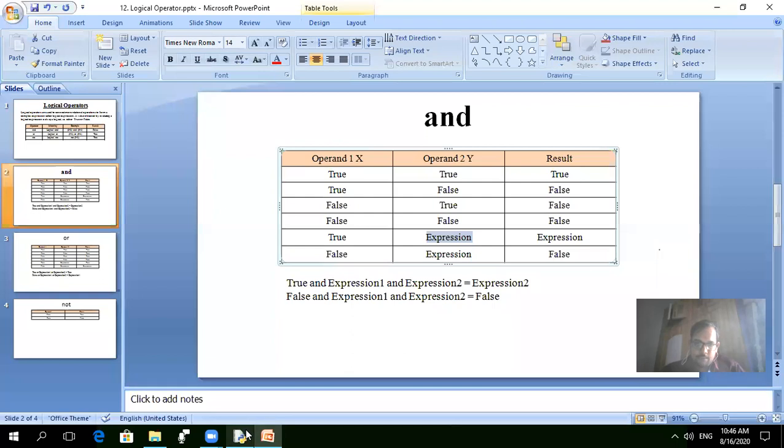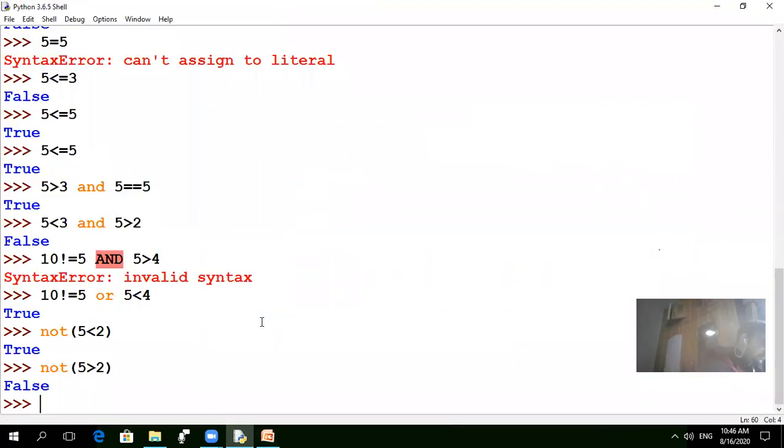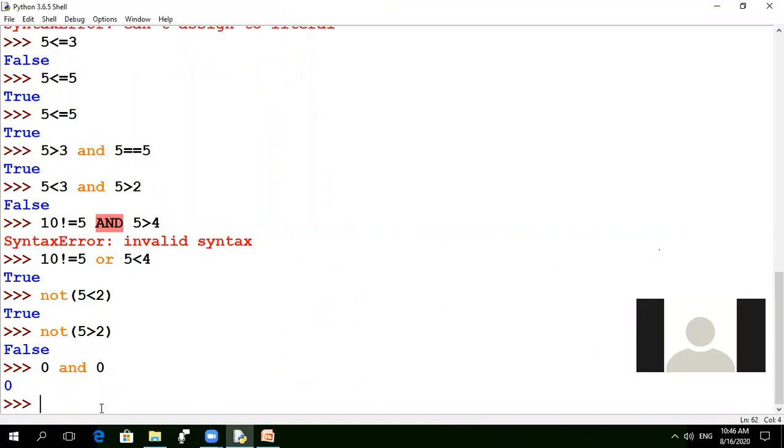Now see with the help of an example. 0 and 0: this 0 indicates false, and the second one, again 0, is also false. When both are false, the result is false.